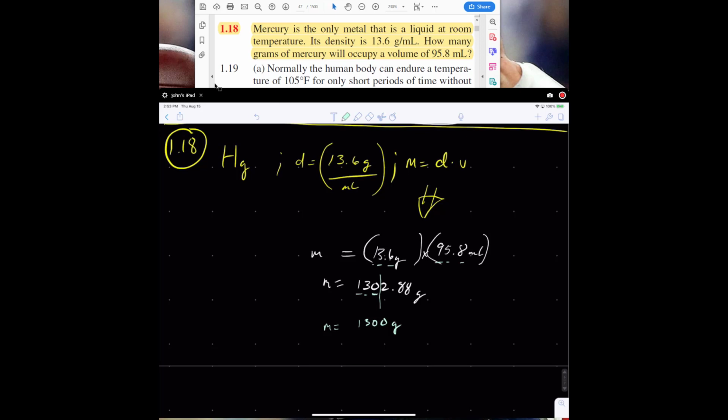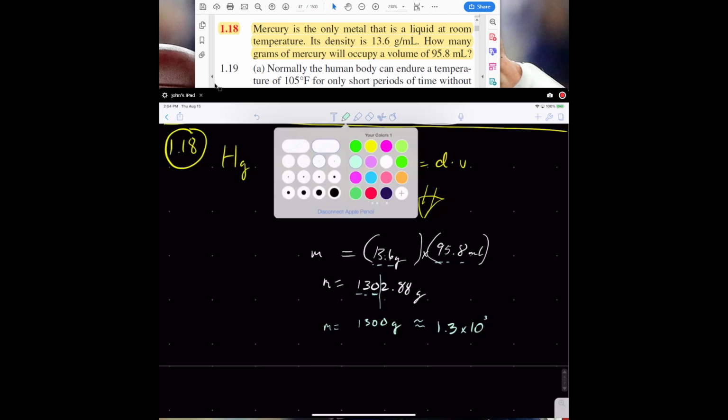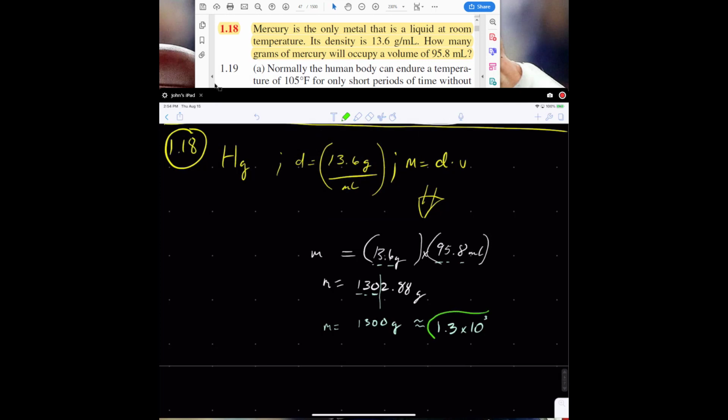So in this case, we're going to use the number 1.3, but we're going to now multiply it by 10 to the third power, right? This will be our answer. And we can't forget the units. Alright, so that's in scientific notation.